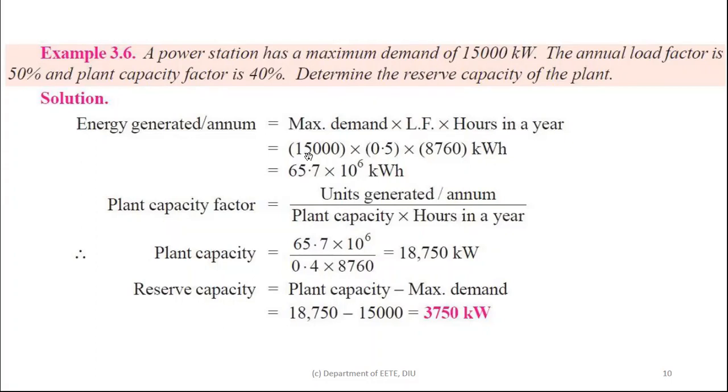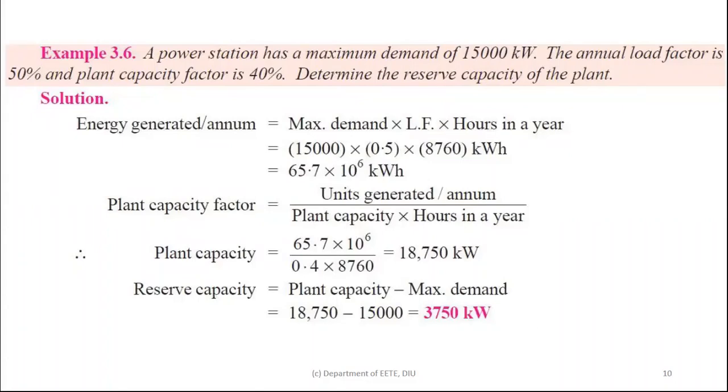Maximum demand is given, 15,000 and 0.5, and we get the hours value. You see that 8,760 is multiplying here and here we are dividing. So basically we are doing nothing. We are using this factor once: first multiplying, and then dividing.